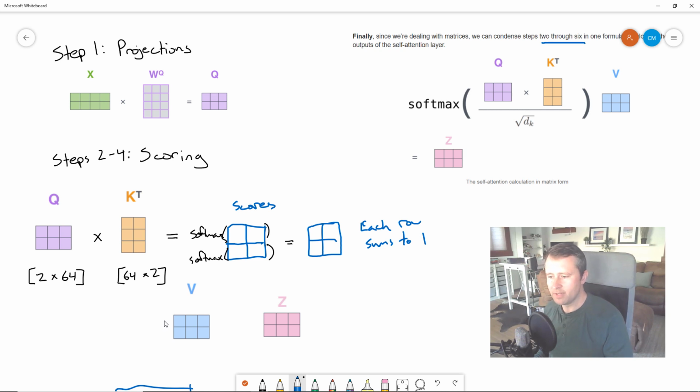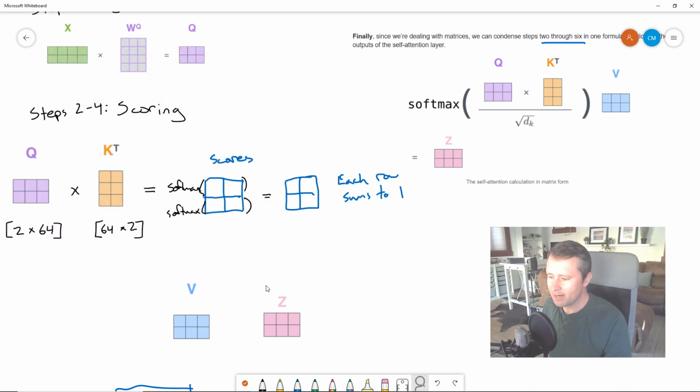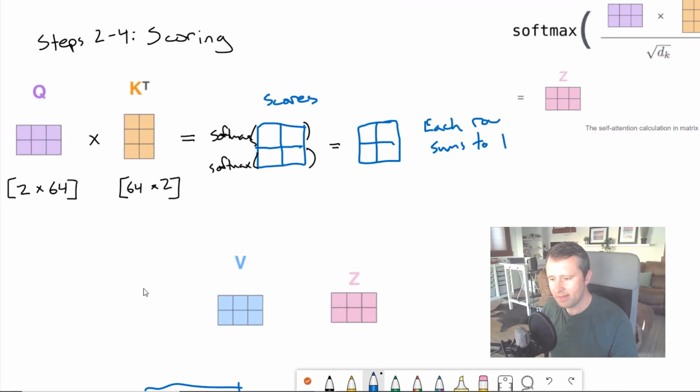So let's move down now to steps 5 through 6, and it looks like I need a little more space. Okay, I created a little more space for us, so let's get back to this. We're going to put this new scores matrix down here.